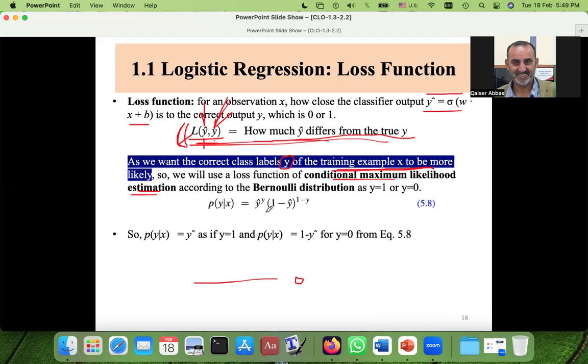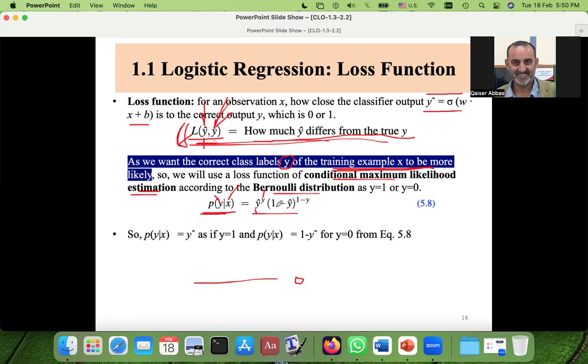So that's why we are going to find the probability, the conditional maximum likelihood: the probability of y given x, where x is the input and the class y is to be predicted. We are using the Bernoulli distribution, like this: ŷ has the power y, and so on. ŷ is the class predicted by your model, and y is the class available in the data.